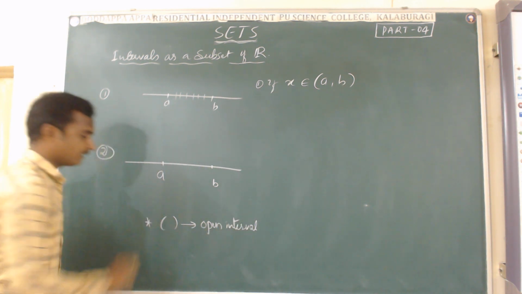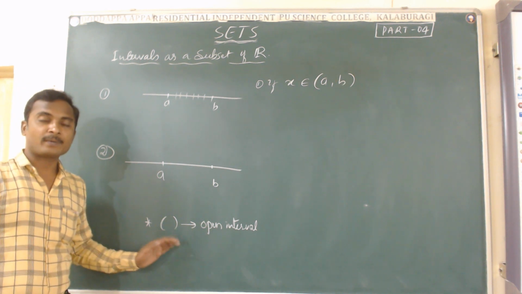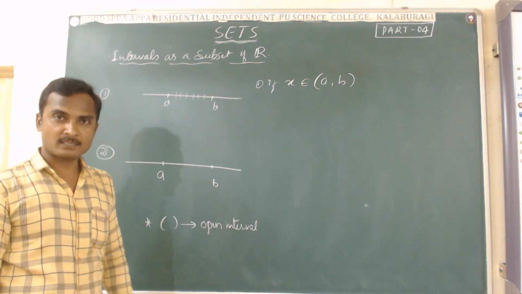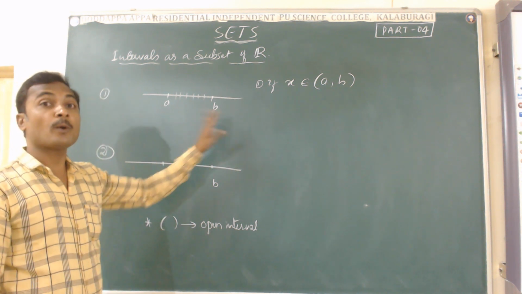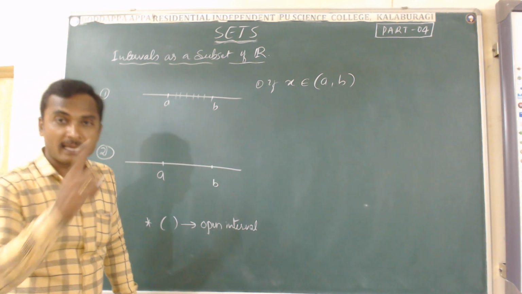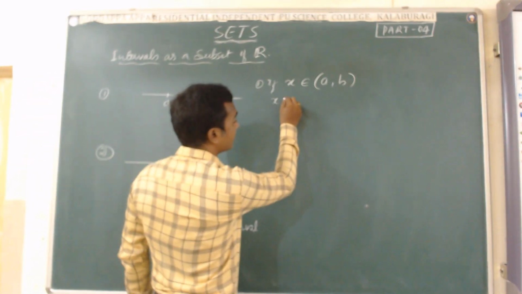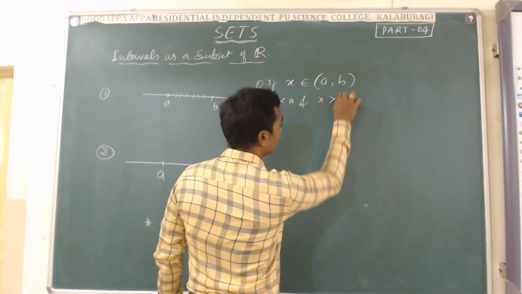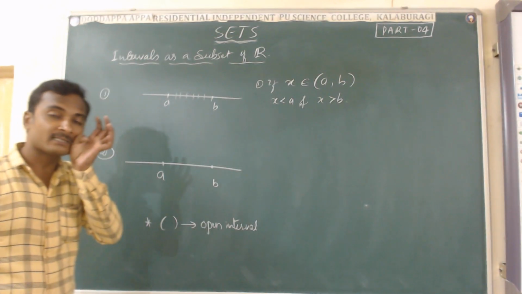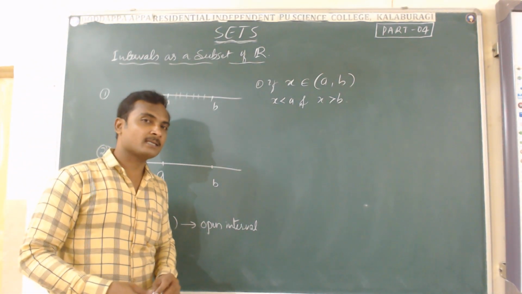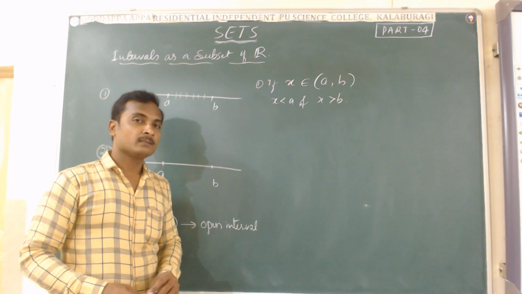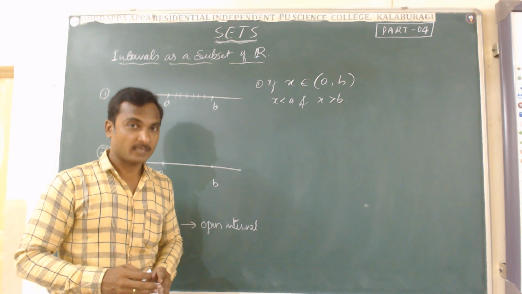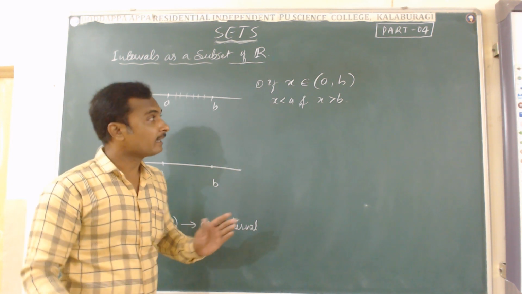If x is some number which belongs to the open interval (a, b), then x may be any number except a and b.